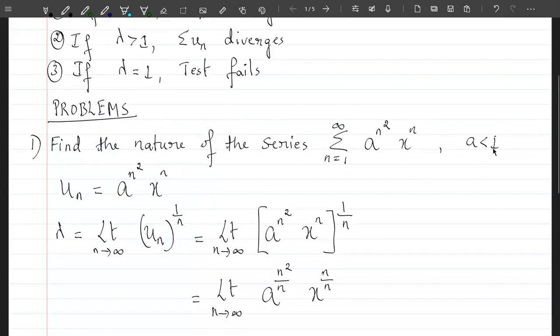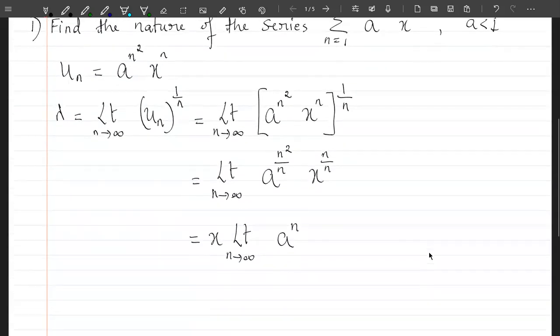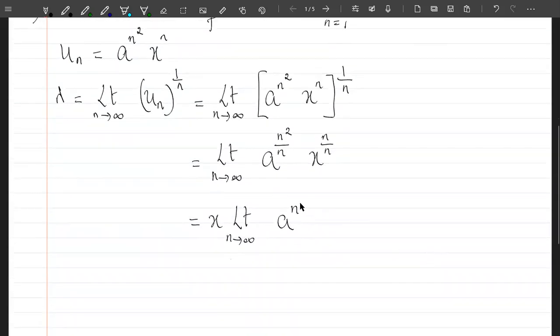Now what is said about the value of a here? The value of a here is less than 1. If the value of a is less than 1, then as n approaches infinity, what will be the value of a power n? It has to be equal to 0. You can take any value and check your answer. If you take, say, a as 1 by 2, then you get 1 by 2 power n, where n is approaching infinity.